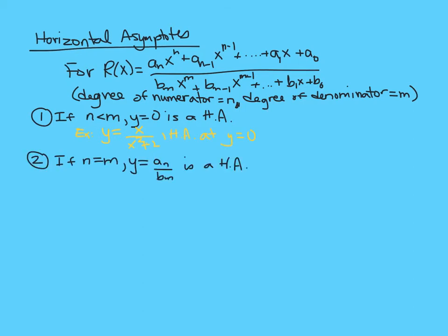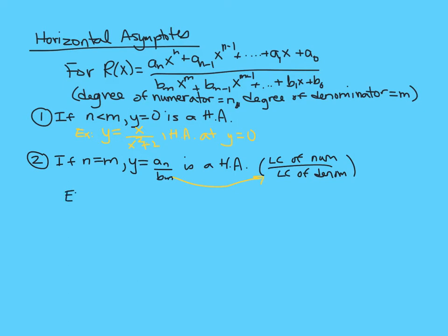Our second case is if the degree of the numerator and the degree of the denominator are equal, the horizontal asymptote is going to be the leading coefficient of the numerator over the leading coefficient of the denominator. If you're a little confused on that, I think it'll be easier once I give you an example.